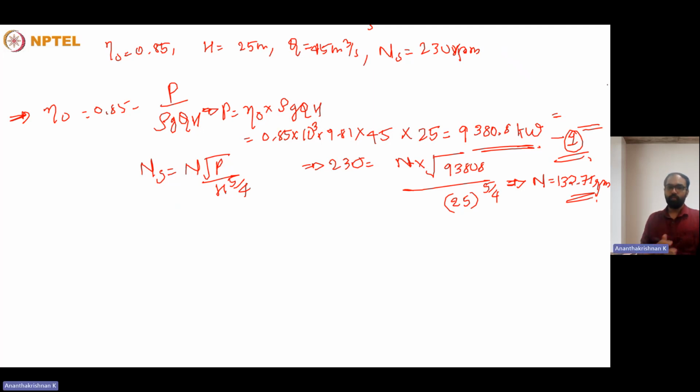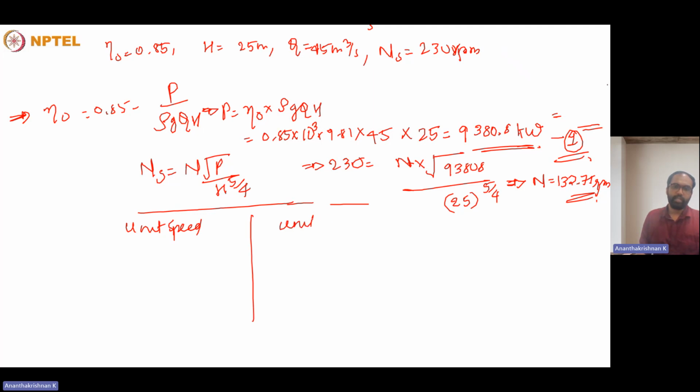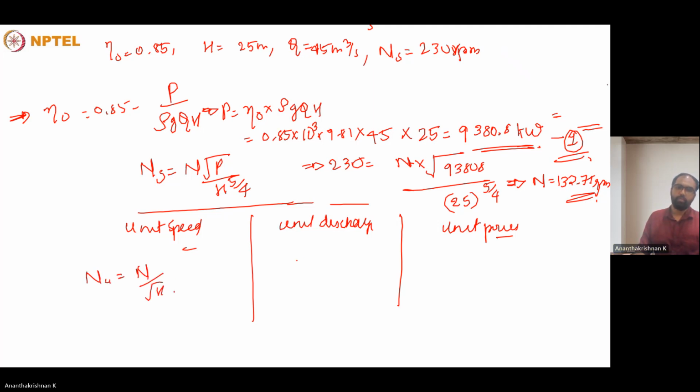So in this particular problem, we can calculate the unit quantities, unit speed, unit discharge, and the unit power. We determined the unit speed Nu is equal to N divided by root of H, the Qu is equal to Q divided by root of H, and Pu power is equal to P divided by H raised to 3 by 2.